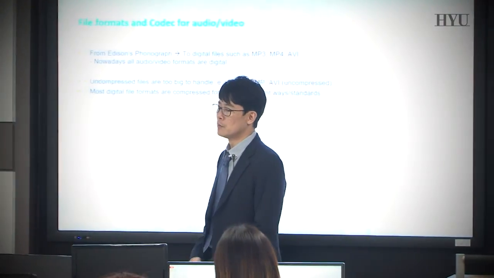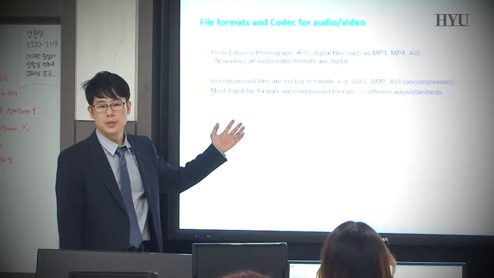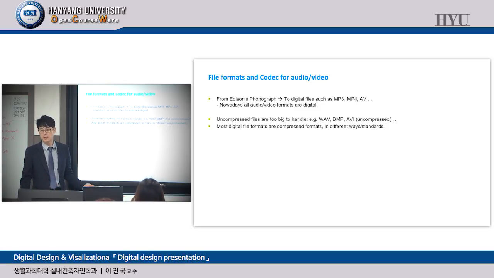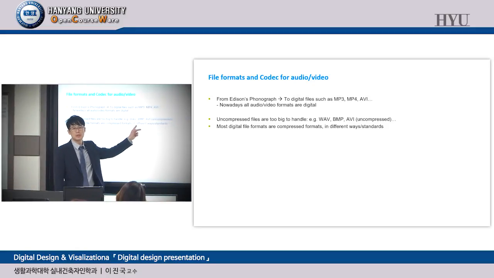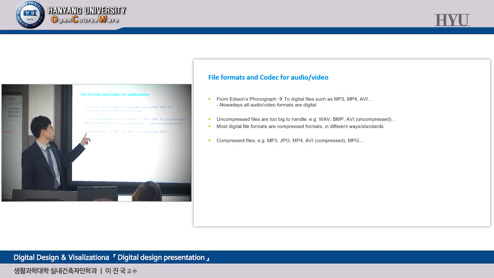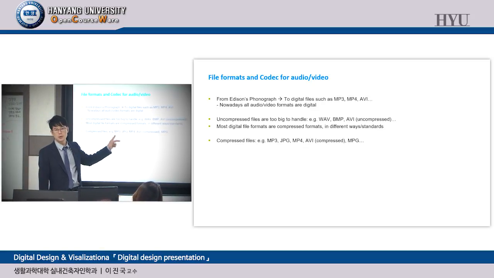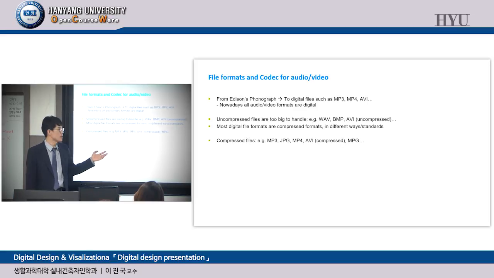But most digital files have compression, simply because the file size is too big, especially videos. But the format standards are very different. Take a look, compressed files: MP3, compressed audio file, JPEG, compressed image file, MP4, compressed video file.